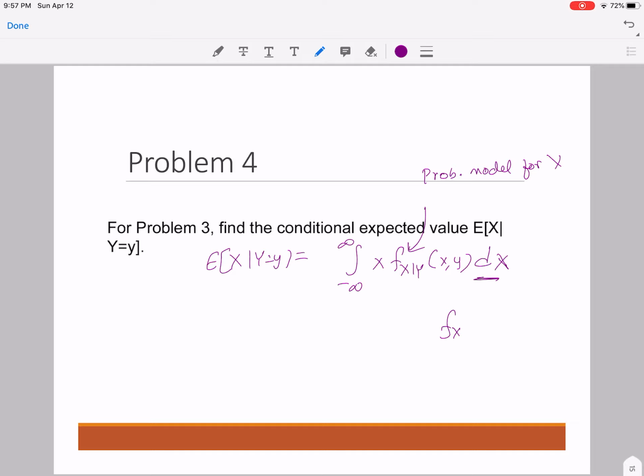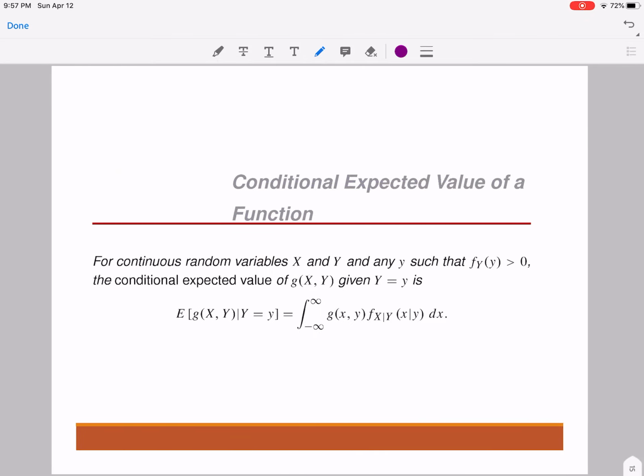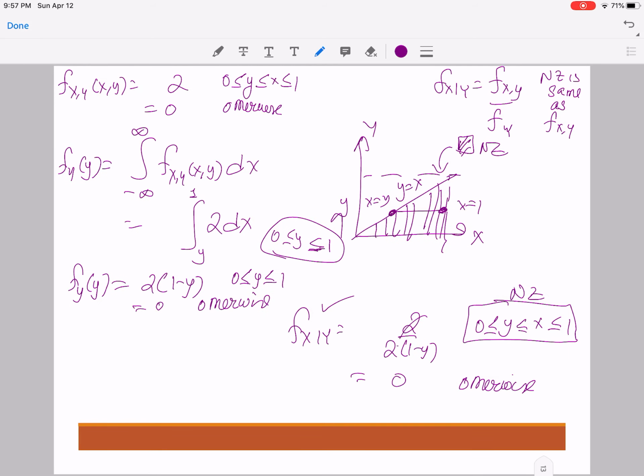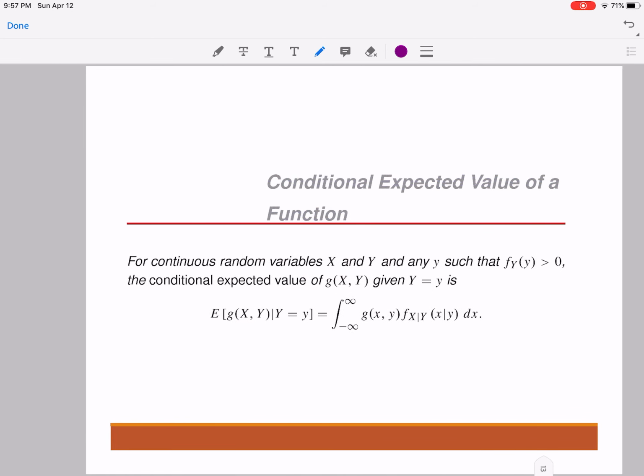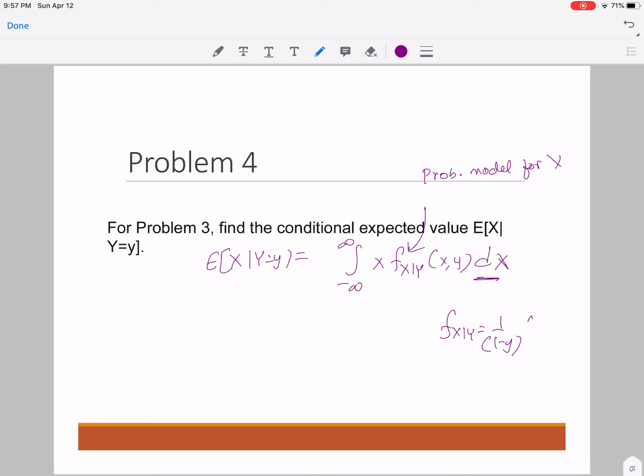The conditional PDF that I obtained was 1 over (1 minus Y). Let me just verify it. Yes, it is 1 over (1 minus Y) for this region, and it is equal to 0 otherwise. So the expected value of X given Y is the integration of X times 1 over (1 minus Y) dx.